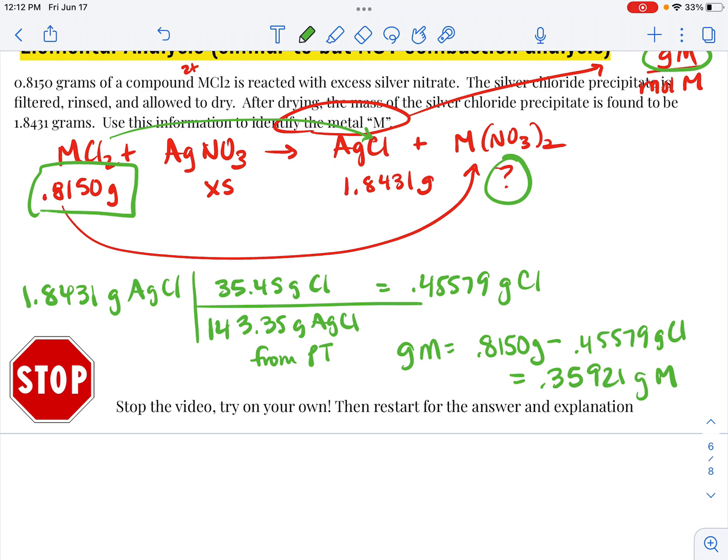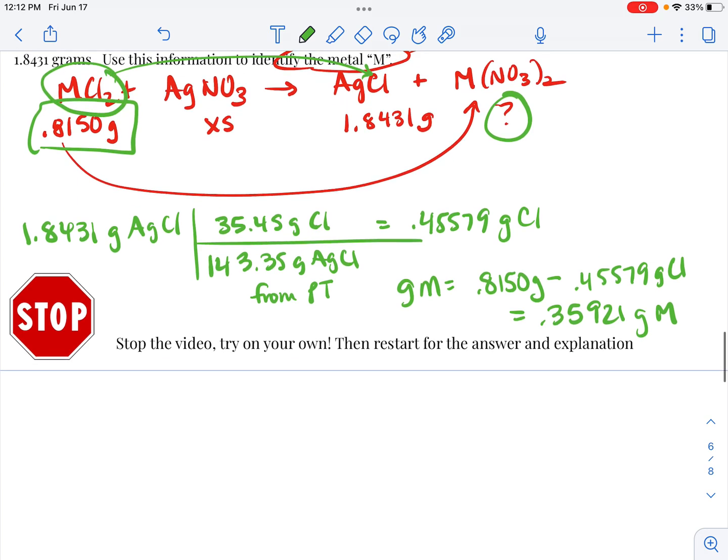So the moles of M is a little trickier, okay? What I can do is start with my grams of chlorine and then use the chemical formula, but then it has to be in moles, okay? So I'm going to start with 0.45579 grams of Cl and go from grams of Cl to moles of Cl.